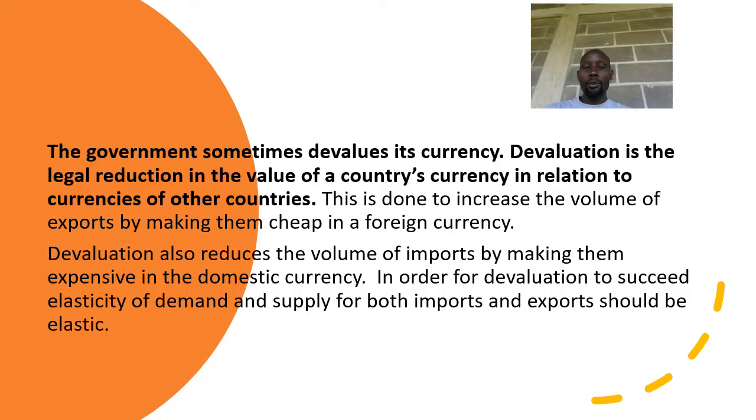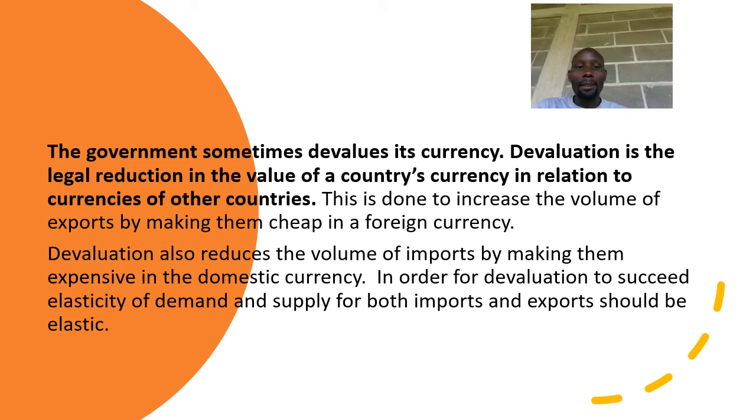So let's discuss the application of price elasticity of demand to government. How does government use price elasticity of demand? So first of all, government uses price elasticity of demand sometimes to devalue its currency. Currency devaluation refers to the legal reduction in the value of a country's currency in terms of other currencies.